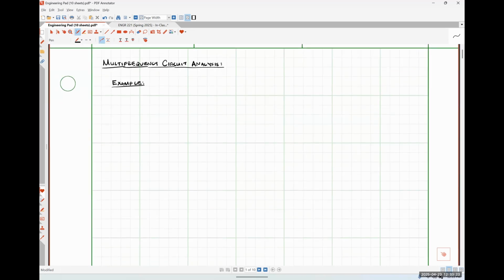So let's say that I have the following circuit where I've got some sinusoidal voltage source. I'm going to call this guy right here Vs of t. Let's say that this is a 16 ohm resistor.